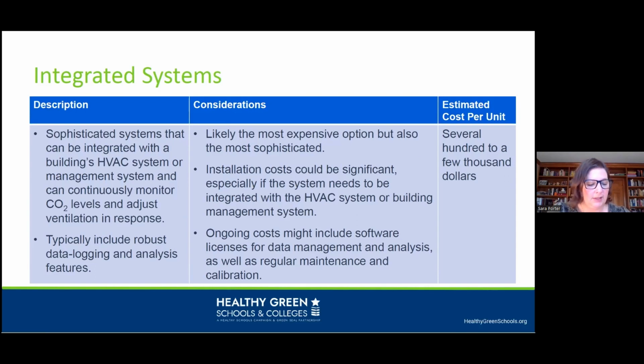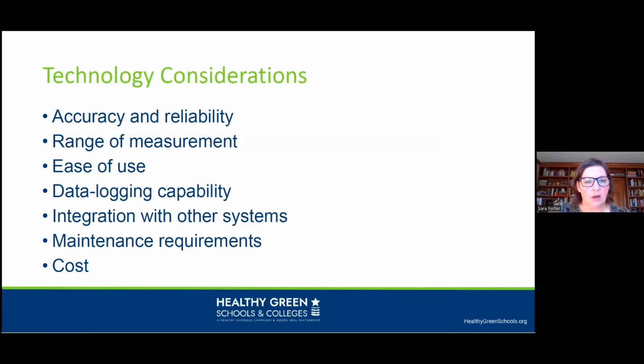So you can see, regardless of which one of these different categories you're looking at, these are some of the different considerations that you're going to want to take a look at. And there are a few more that we're going to discuss as well. So accuracy and reliability is an important thing, no matter which one of those options you're looking at.